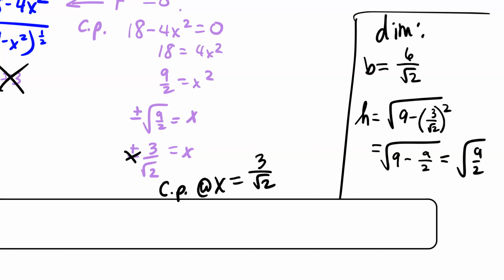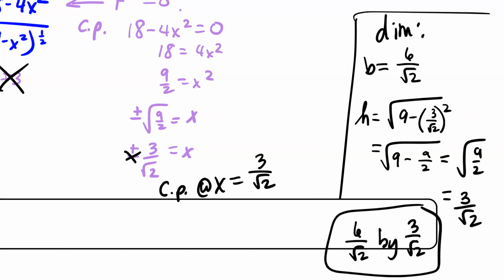Oh, it's just 9 minus half of it, so you get the other half. Yeah. So the square root of 9 over 2 is just 3 over root 2. So our dimensions are 6 over root 2 by 3 over root 2.